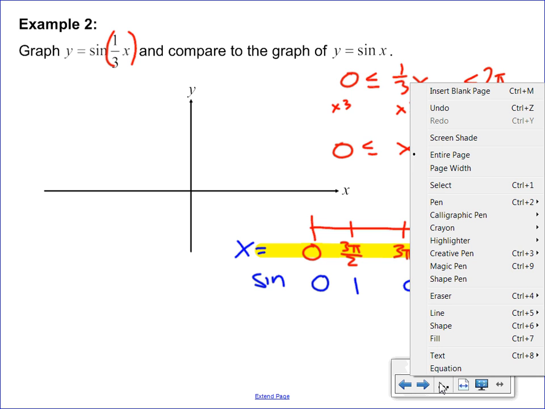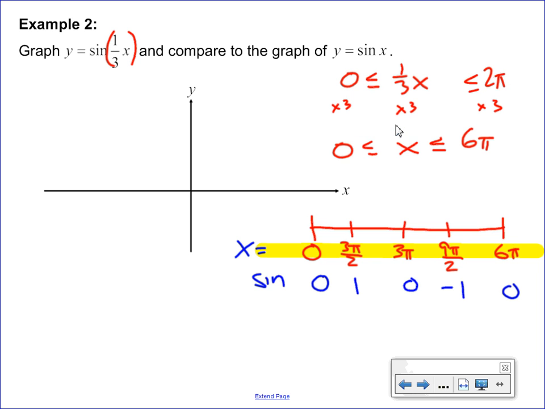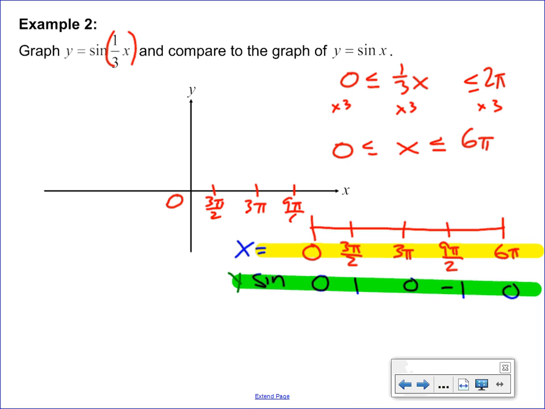And then the second one, I know you guys don't have a different highlighter, I'm sorry. All of these things go on the y-axis, okay? So when you set up your graph, you still start at 0. Then you have 3 pi over 2, 3 pi, 9 pi over 2, and then 6 pi.